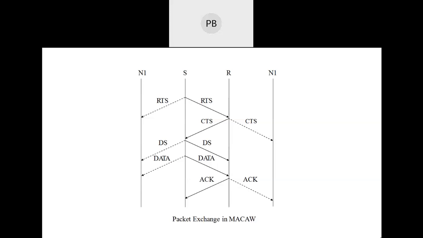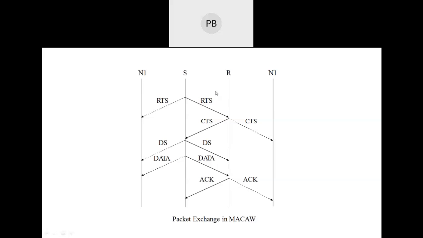We already know that this is the sender, this is the receiver, this is a neighbor for this particular sender, and this is a neighbor for the particular receiver. That means there are some neighbors along with the sender and receiver.